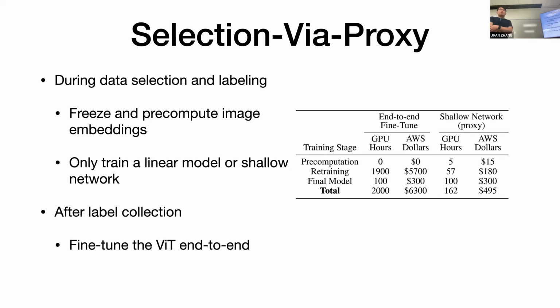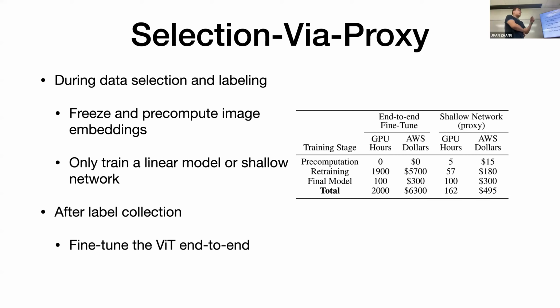And we use that model to still inform our active learning algorithm, say, what's the model uncertainty, what's the representation embedding, or what's the gradient embedding, all of these. So we only need to retrain this very cheap, very small linear model or shallow network every time we collect a batch.